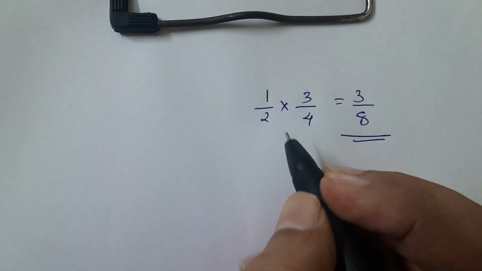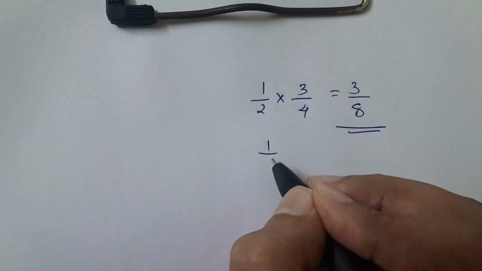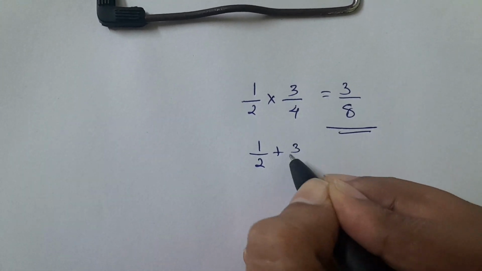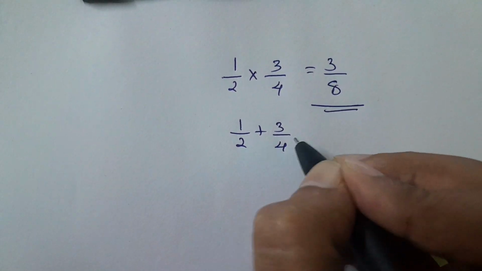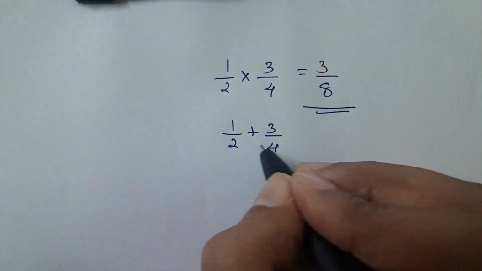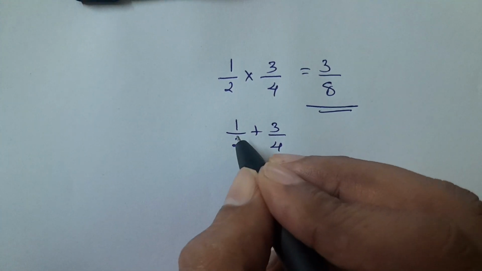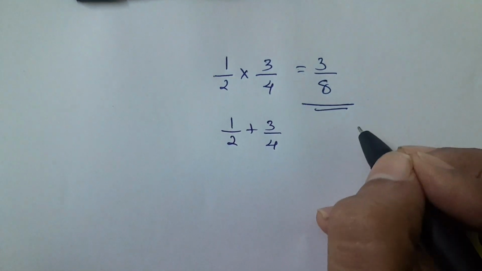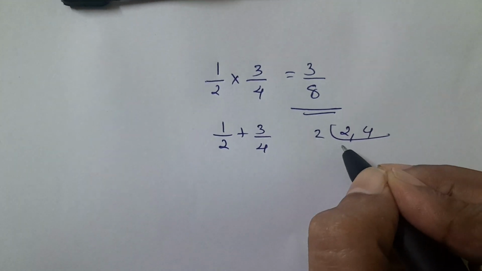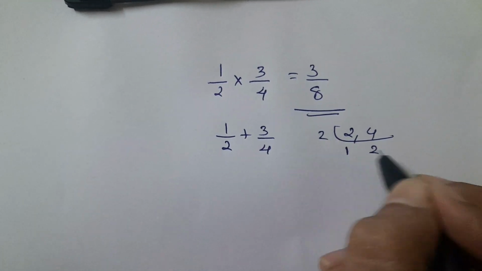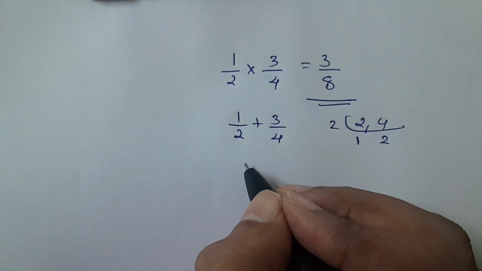Now, we know that when we add 1 by 2 plus 3 by 4, we take the LCM of the two denominators, 2 and 4. 2 into 2 is 4, so 4 is the LCM.